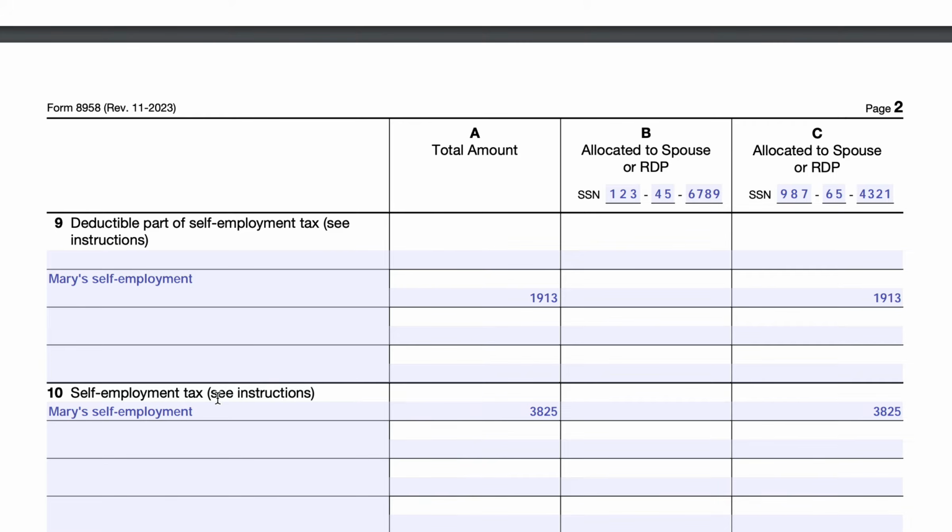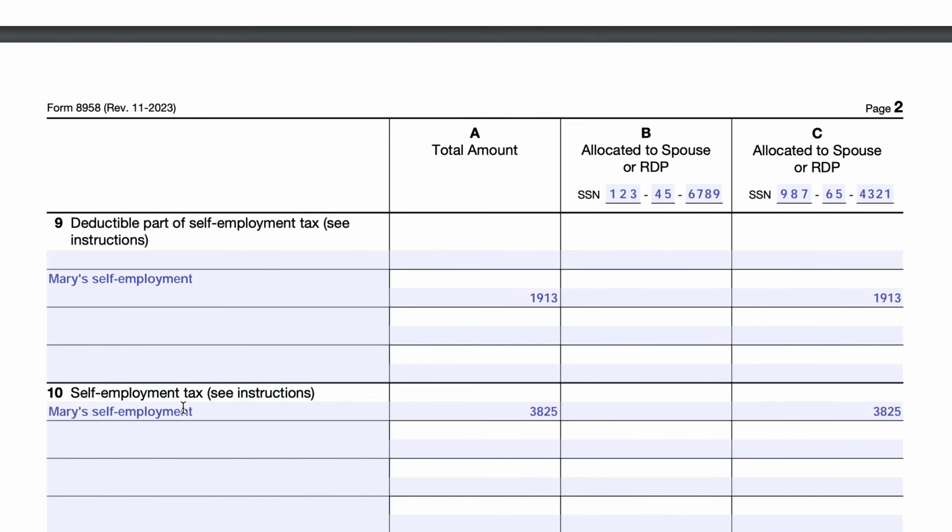In the form instructions, generally speaking, self-employment tax is attributable for a married couple to the person who earned it, right?